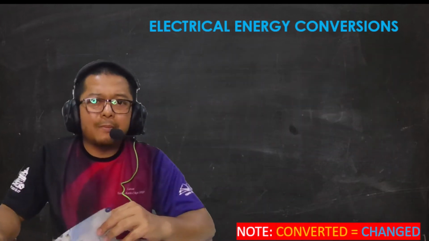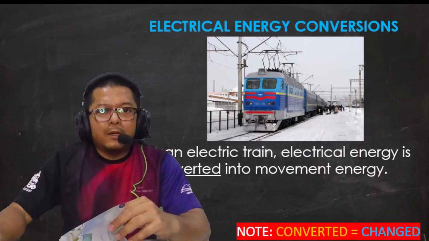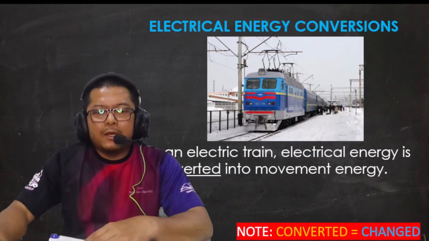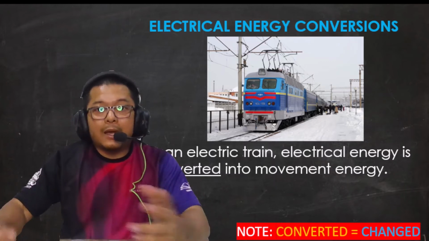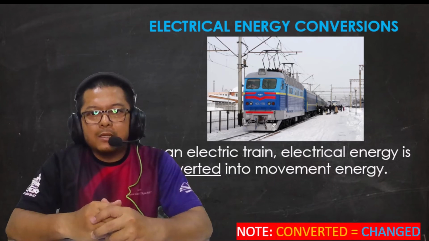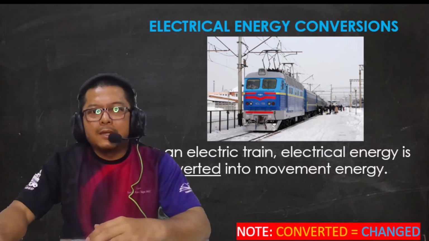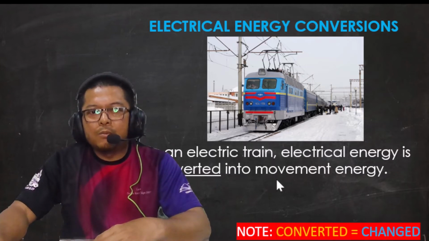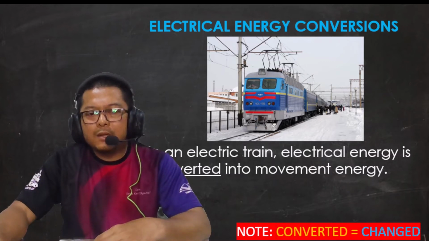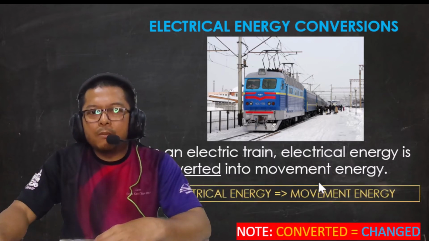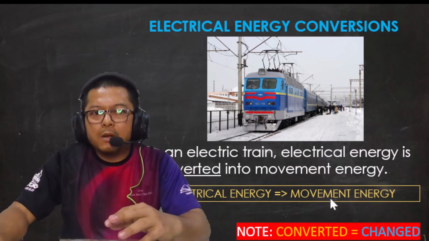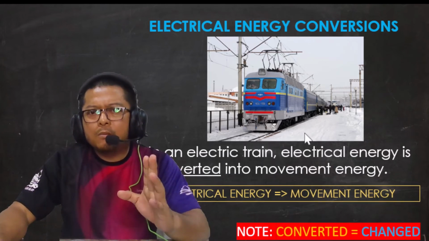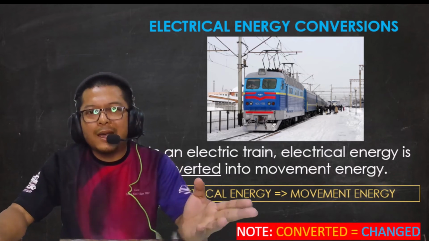Our next example would be in an electric train. This might not be an electrical appliance, but it serves the purpose. In an electric train, electrical energy is converted into movement energy. Another example for the same thing would be a blender or a hand mixer.